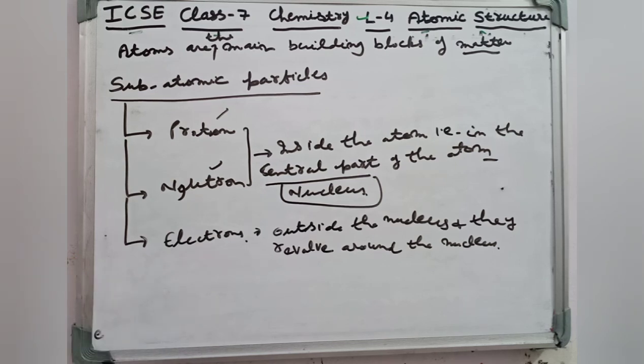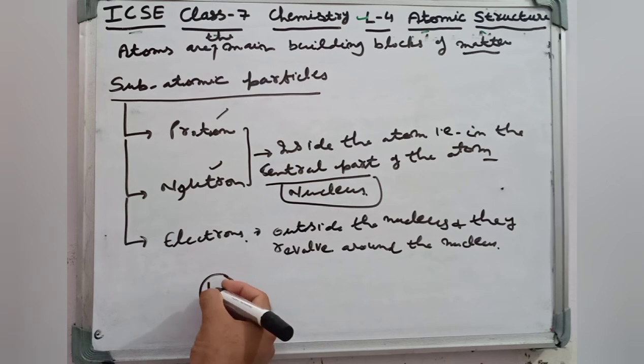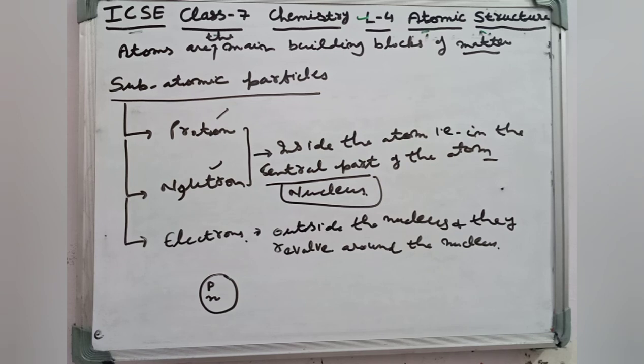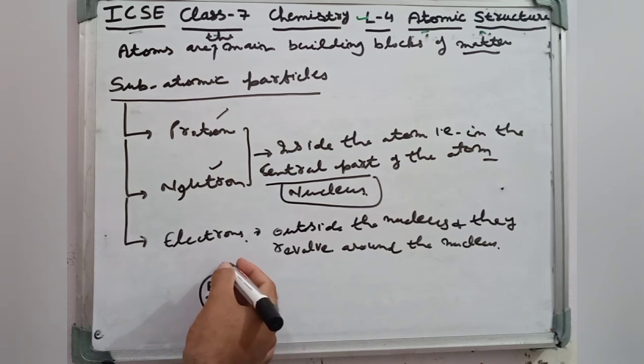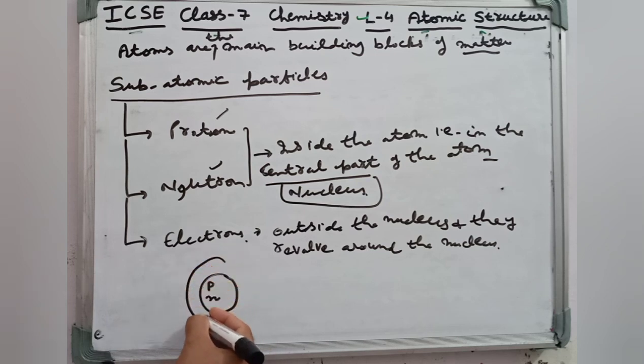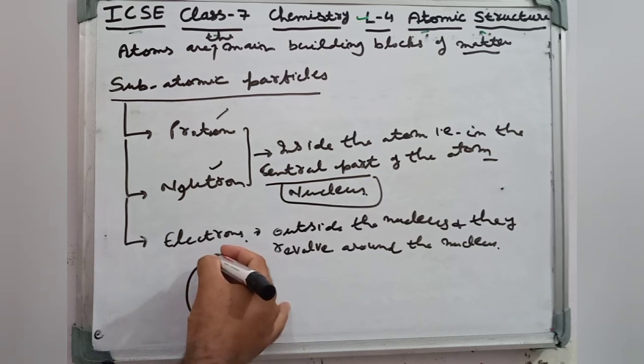So how can we draw the structure of an atom? Suppose this is the central part. Here are protons and neutrons, right? Around these revolve electrons.